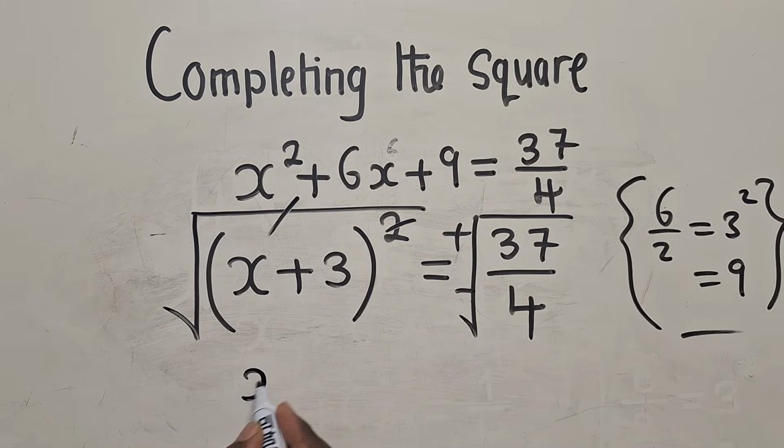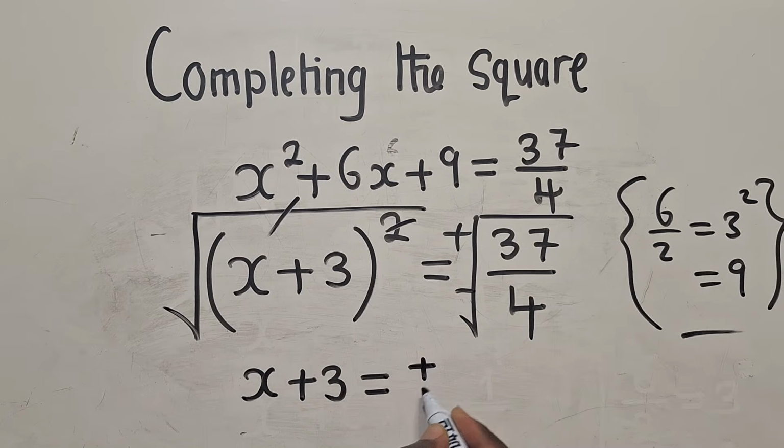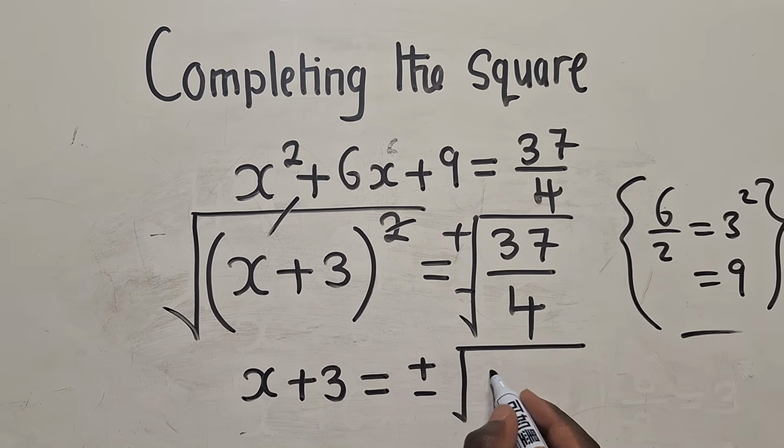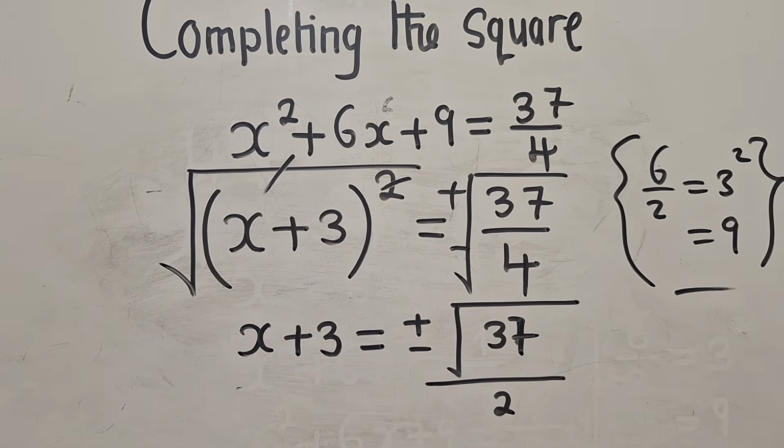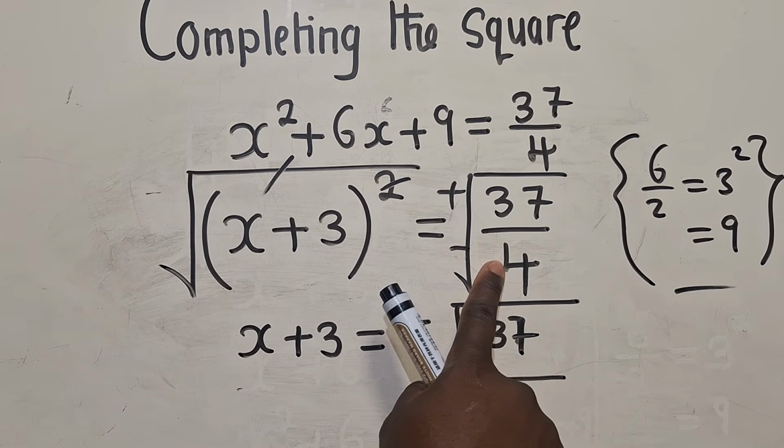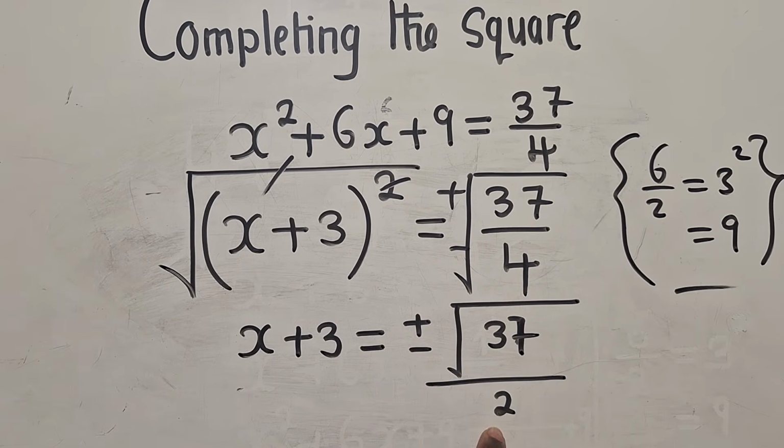We shall remain with x plus a 3, which is equal to positive or negative square root of 37 over a 2. So you may be asking me, where is the 2 coming from? Square root of 4, it's a 2. For 37, just leave it like that. Okay.